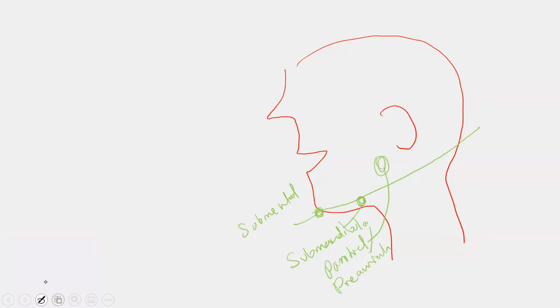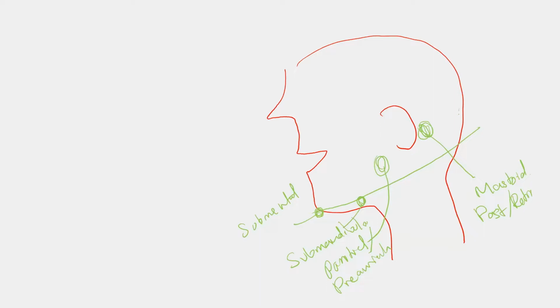Anterior to the ear, it's called the pre-auricular lymph nodes. Then behind the ear, you have the mastoid area. And here you have the mastoid lymph nodes. This is also called post-auricular or the retroauricular lymph nodes.